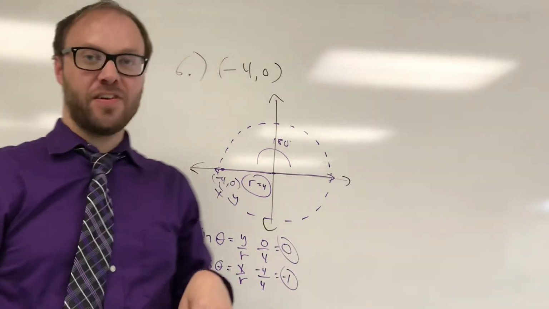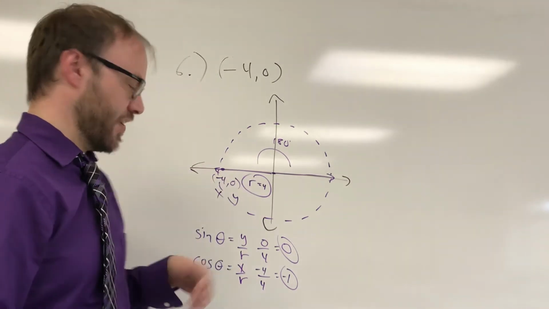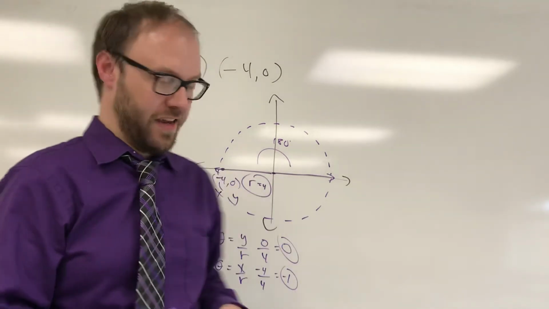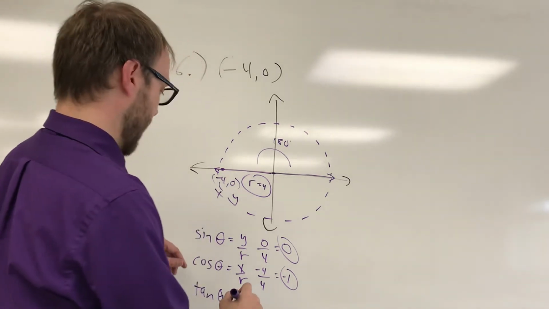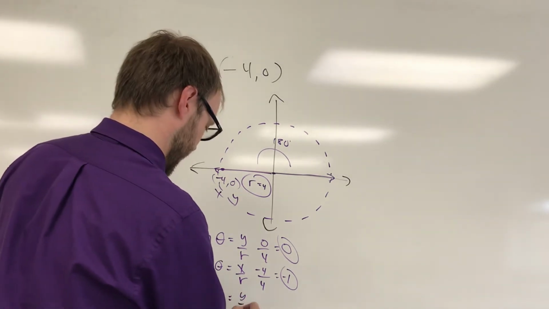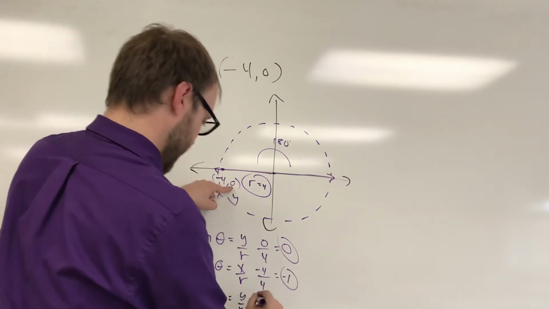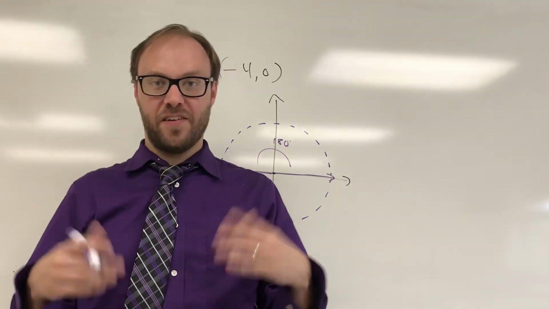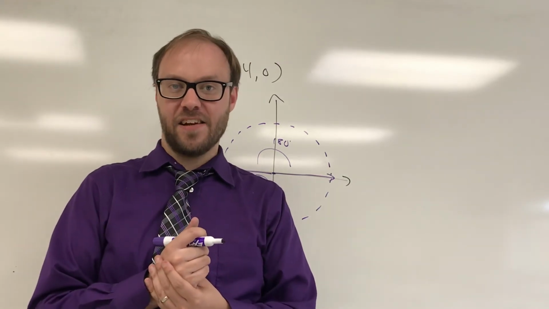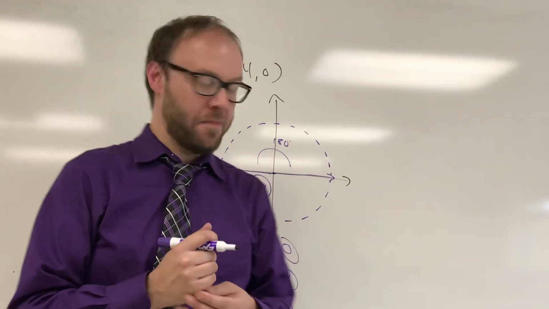Again, if you check on your calculator, cosine of a 180 degree angle is in fact -1. Tangent is the y-coordinate divided by the x-coordinate. So the y is 0 when the x is -4, that works out to be 0. And again, if you check on your calculator, the tangent of 180 degrees is equal to 0.